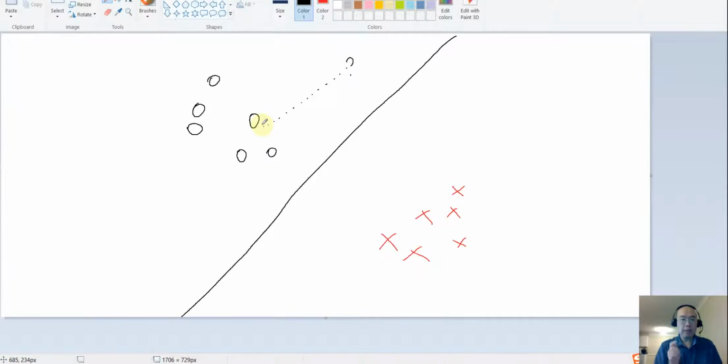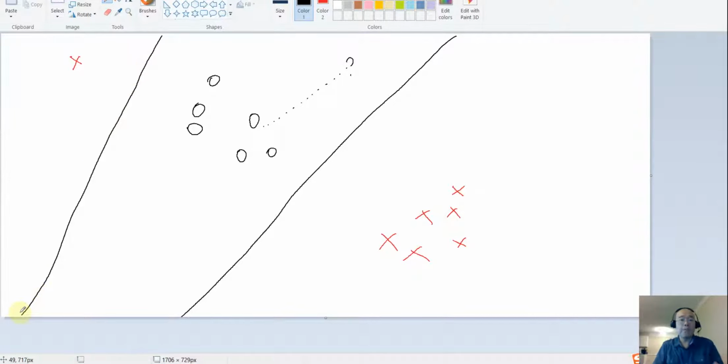Let me give you a weird case. Say I have a red sample here, and this red sample is probably just noise. If we do one nearest neighbor, what is going to happen? Now we draw another line for the decision boundary, and it is likely to be here.